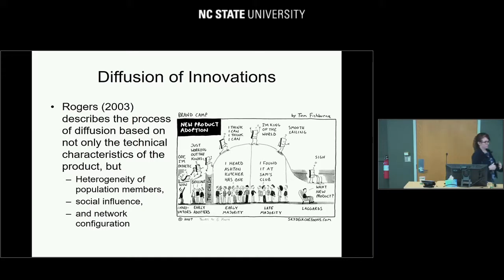This theory is based on the idea that the technology itself doesn't just drive adoption, but it's a characteristic of the population. Who the people are, their characteristics, what their network is, and that influence among members really drives the adoption. There's an external factor, which is maybe ads and campaigns, and internal factors are those social dynamics.